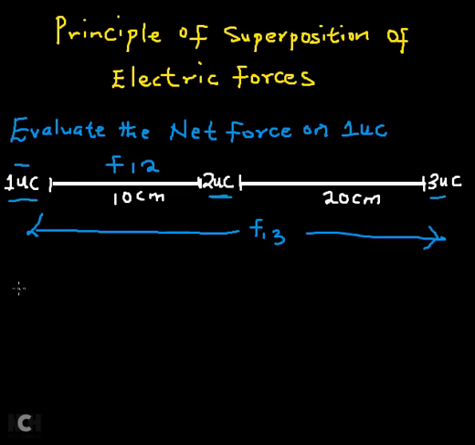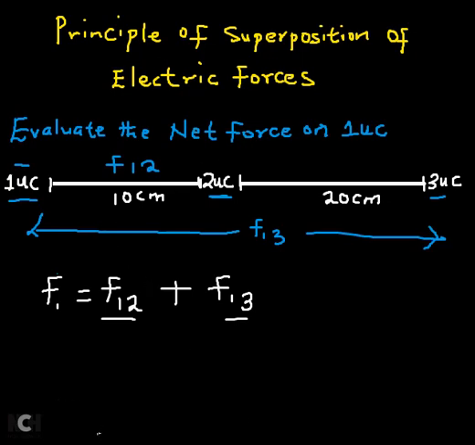The total force on this 1 microcoulomb, let me call that F1, is going to be the sum of the force due to 2 microcoulomb, F12, plus the force due to 3 microcoulomb, F13. By the time you sum these forces, that will give you the total force on 1 microcoulomb, and that is the principle of superposition.